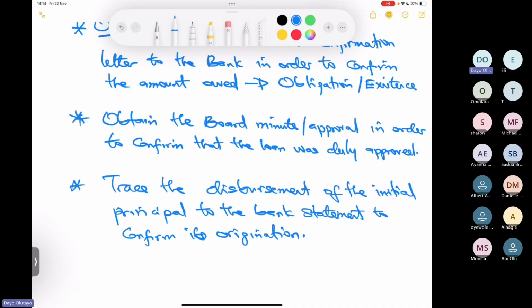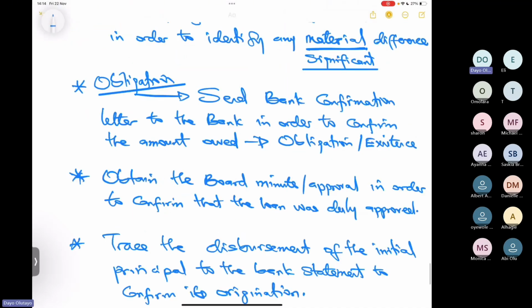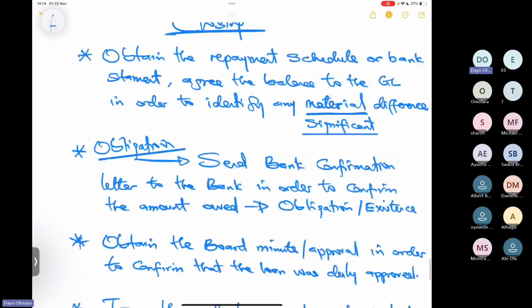Ladies and gentlemen, the loan audit is not more than that. Not ever gonna be more than this.